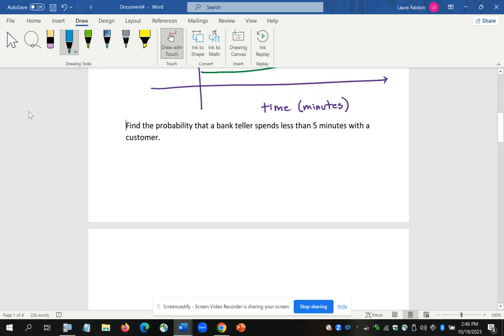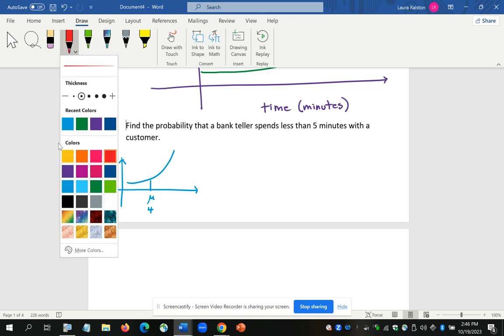So it might help you again to rough sketch this, and it doesn't have to be a perfect drawing. If I want to think about it, and I have my drawing of an exponential, and we know that our mean is 4, and we want to say less than 5.